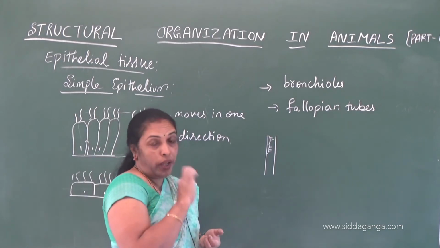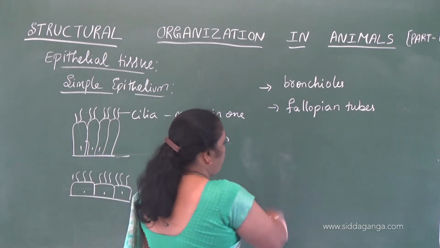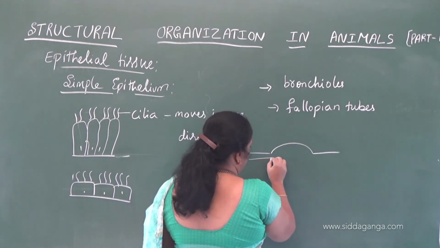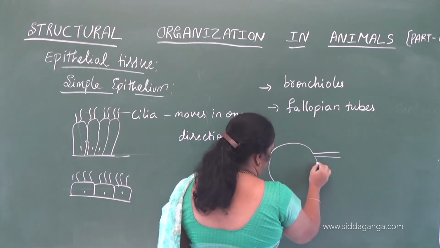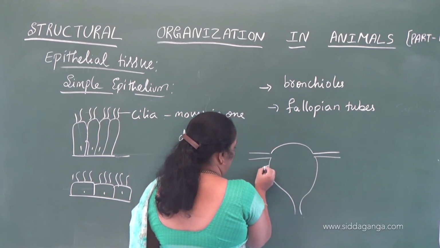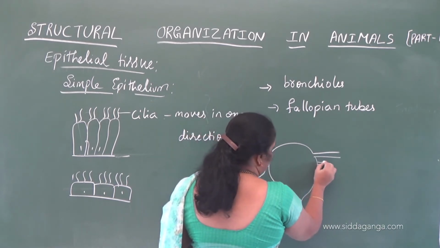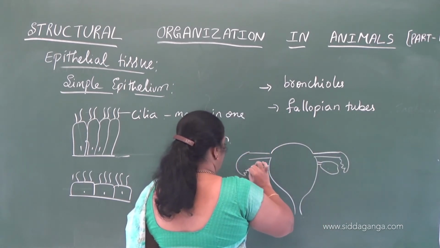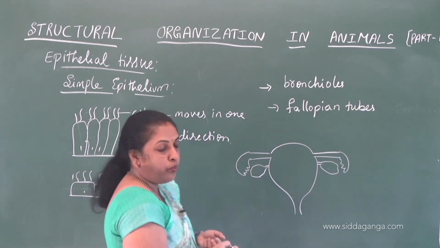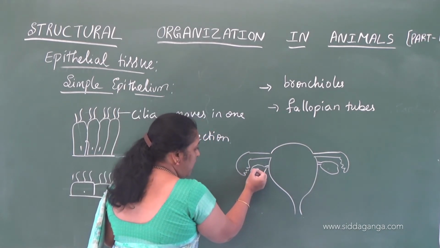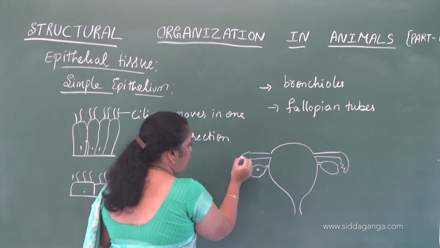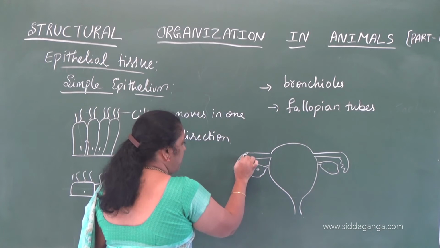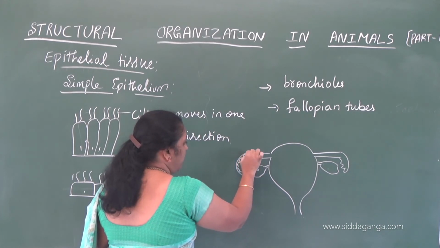And fallopian tubes. In the fallopian tube, this is the uterus. The ovary releases the ovum, and this fallopian tube has ciliated epithelium.